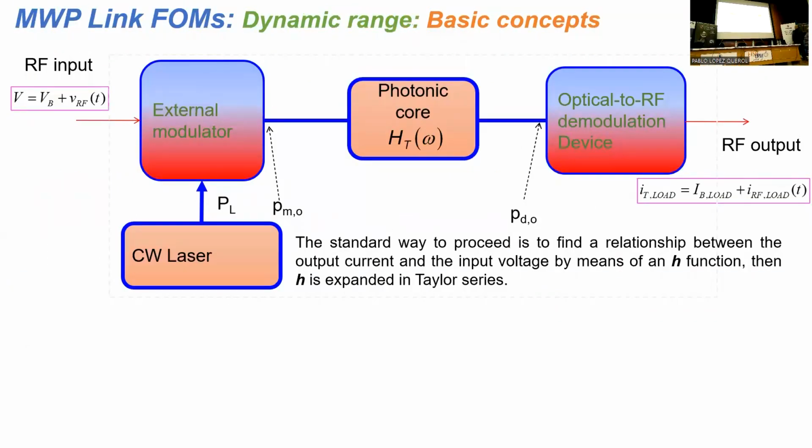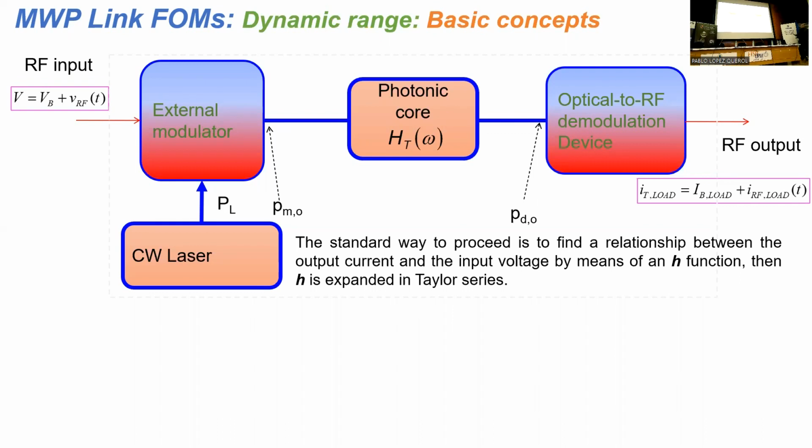Right. So, dynamic range. In your microwave photonic link, you usually use a voltage RF signal as an input, and you have an output current signal, and you want an expression that relates the output current in terms of your input voltage.